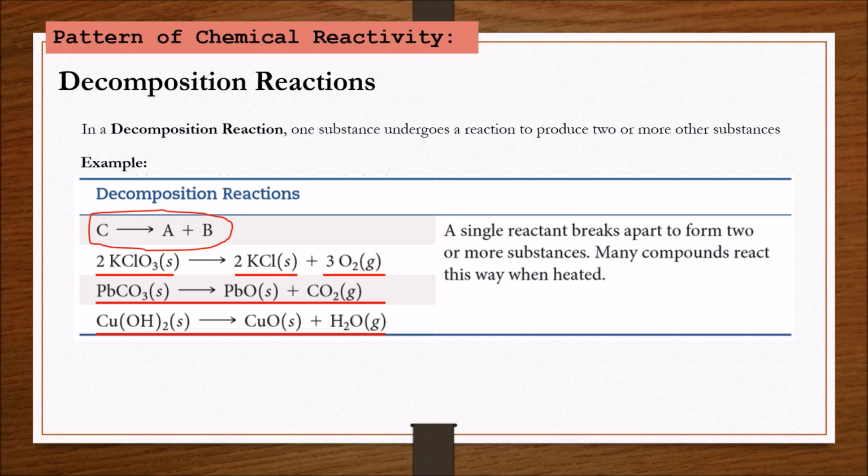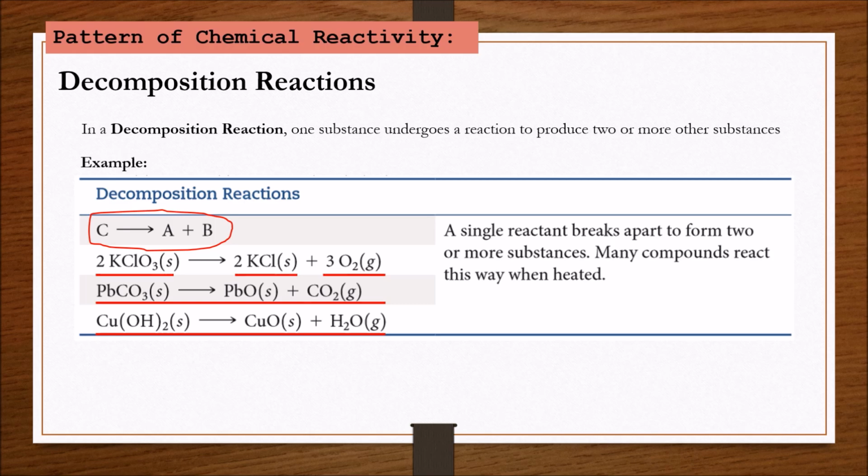So you can see that, again class, there is only one substance on the left side, the reactant side, and there are two or more on the right hand side, or the product side of the equation. So we call this reaction a decomposition reaction, because the reactant is decomposing to form two or more products.